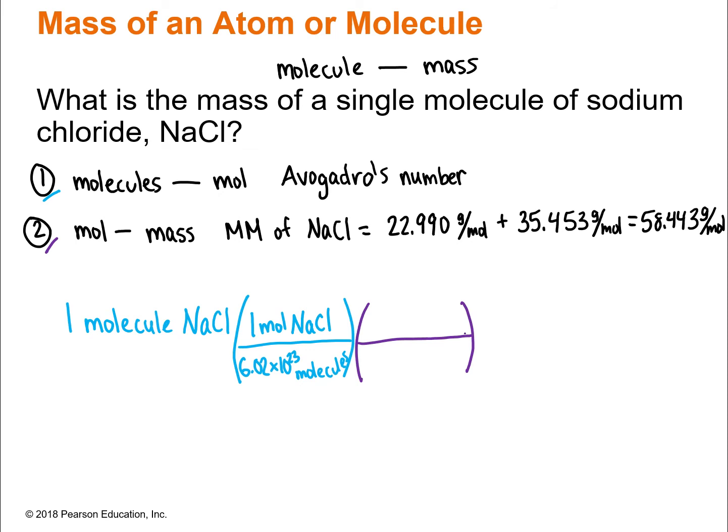The last piece is using the molar mass to go from moles to grams. When you go through and cancel, you should be left with grams of sodium chloride.